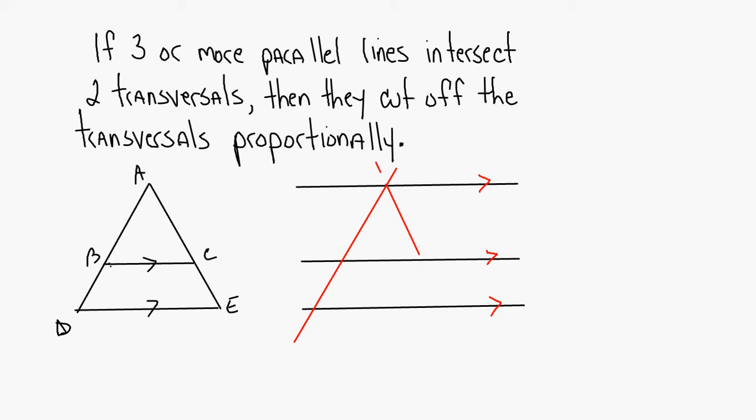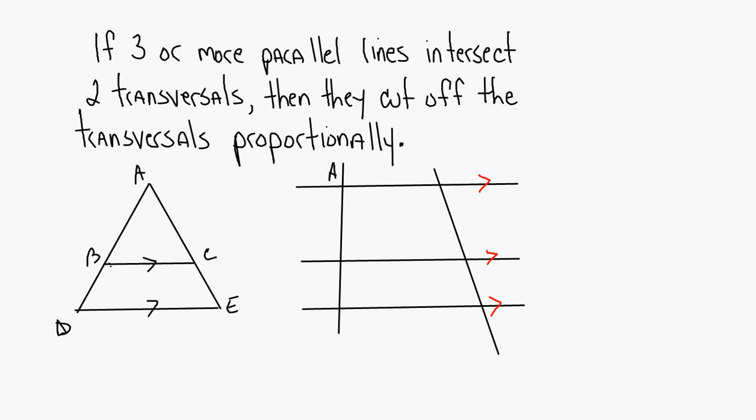And now this can be a transversal. Do you see how the pictures are similar? But your picture that you may get may look like this. The transversal may be here and over here. Okay? But the same rules apply as a segment parallel to the side of a triangle. All of these pieces here are proportional.